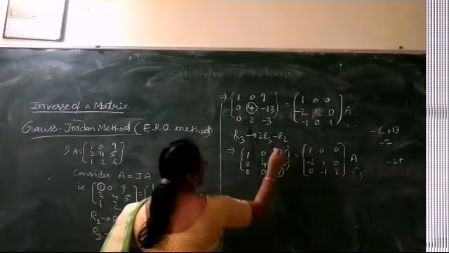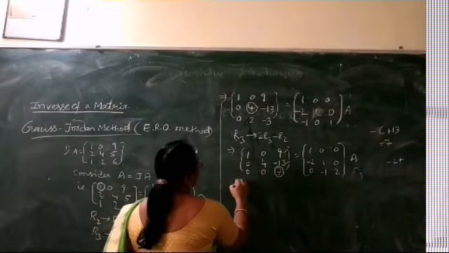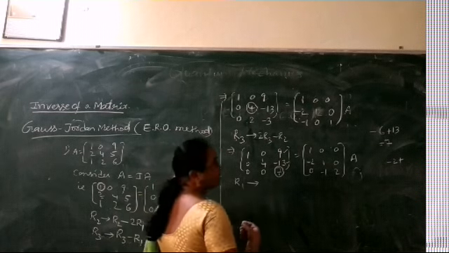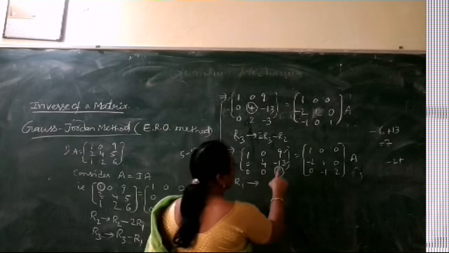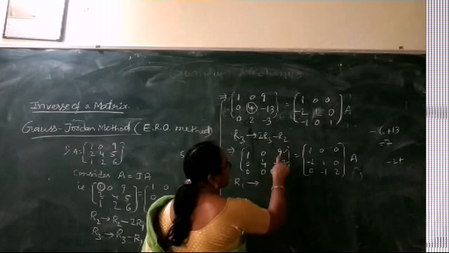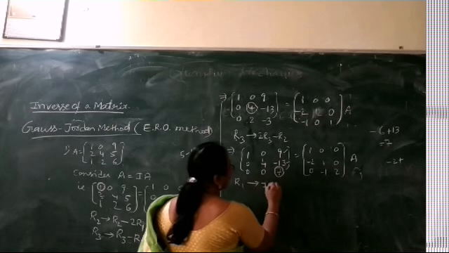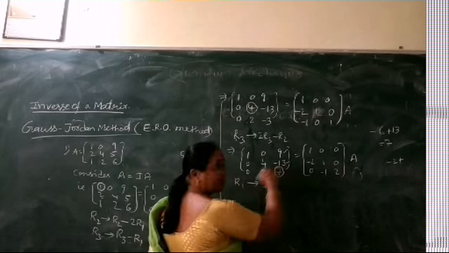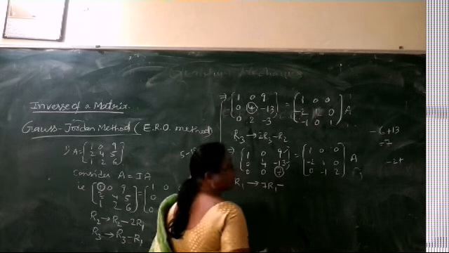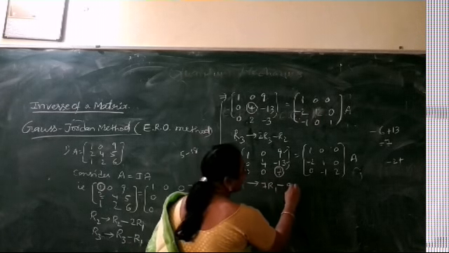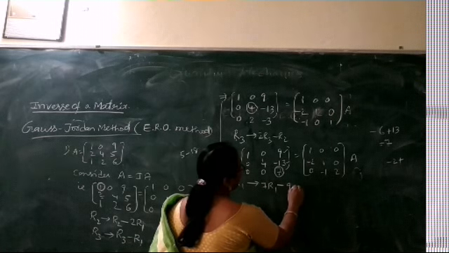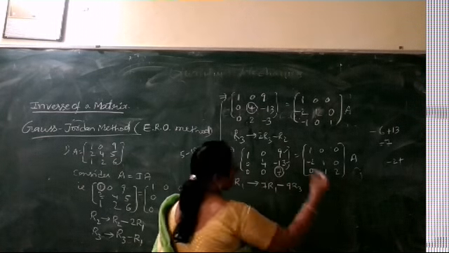So to make this 9 zero, it belongs to row 1. So we have row 1 implies, we are going to use this 7. So what we do, we multiply this 9 with 7, so 7R1 becomes 63 minus. We have to multiply this row 3 by 9, so it becomes minus 63, so 9R3.